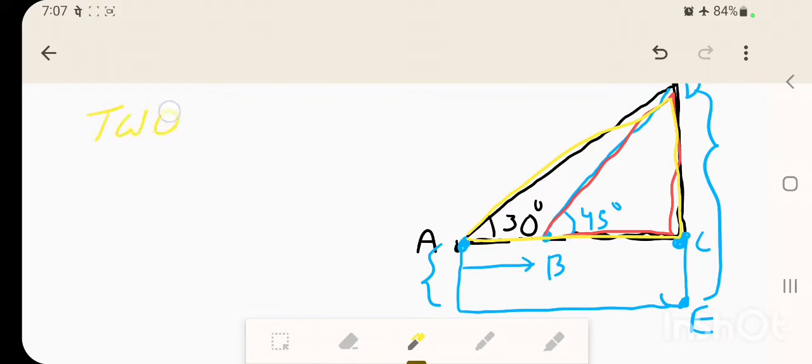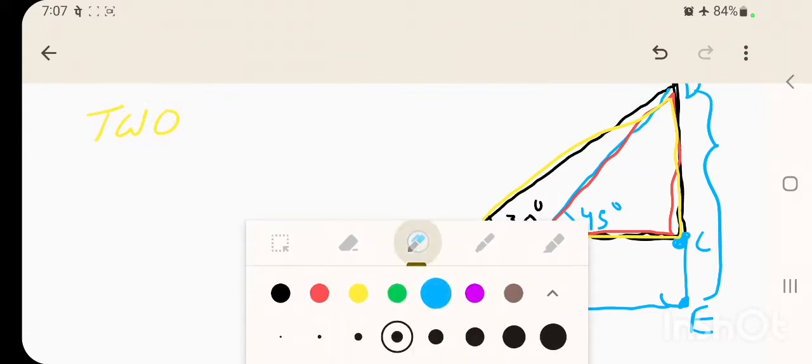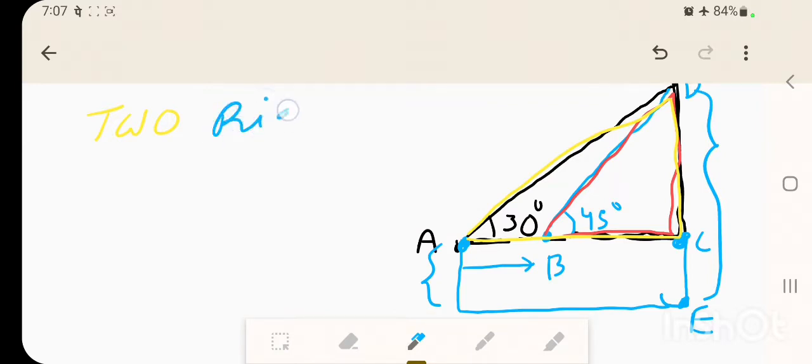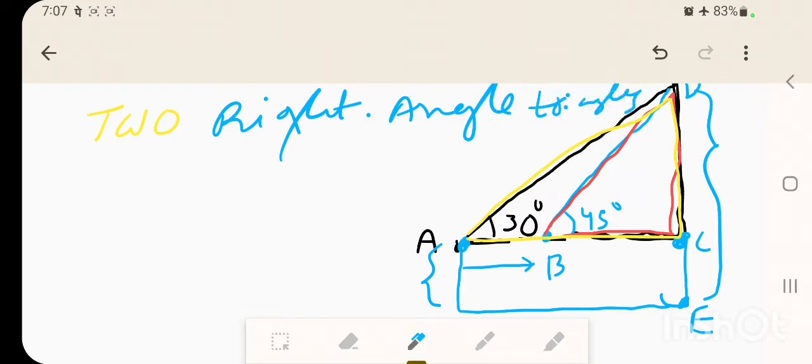We have two right angled triangles. One is ACD, the bigger one, a right angle triangle, and the other is triangle BCD.